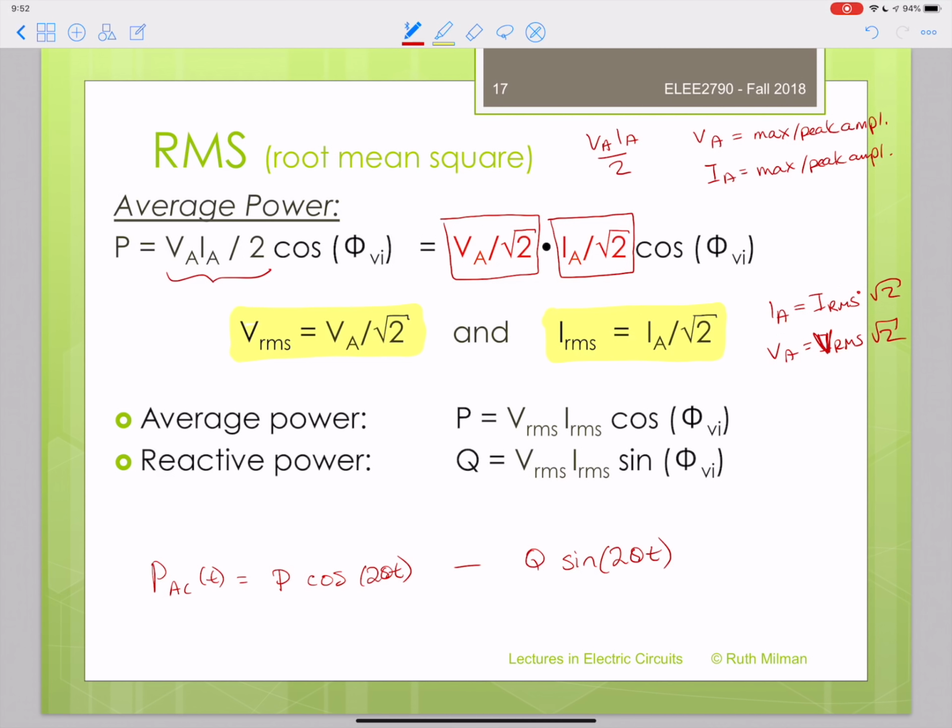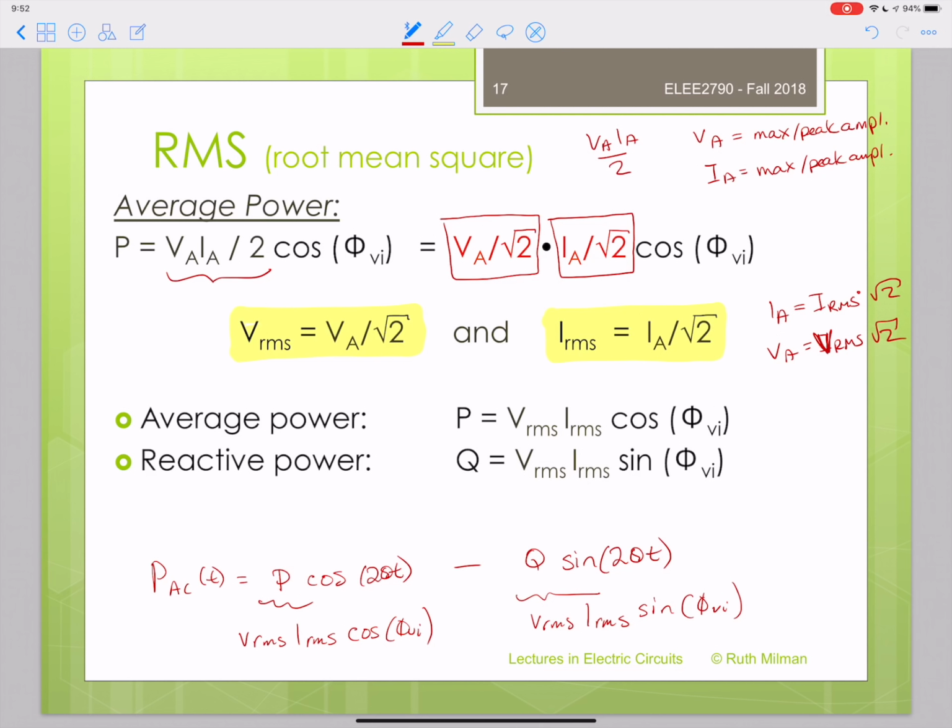What are P and Q? P is just VRMS, IRMS times the cosine of the phase shift, and Q is just equal to VRMS, IRMS times the sine of the phase shift. So this is really just another notation. It's an understanding, but it's important because usually AC power actually uses RMS in order to define power.